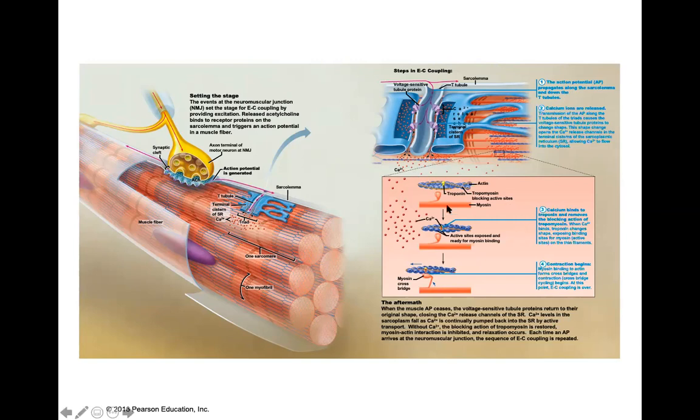These red dots interact with troponin, and troponin moves tropomyosin, and that allows the binding site of your actin to interact with the myosin heads. Through this interaction and the movement of the myosin head, you create muscle contraction.